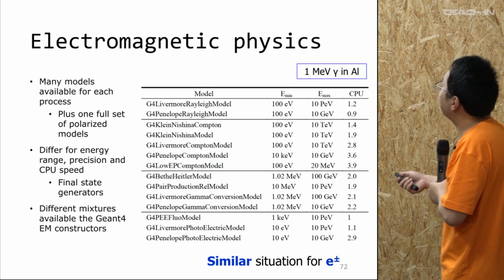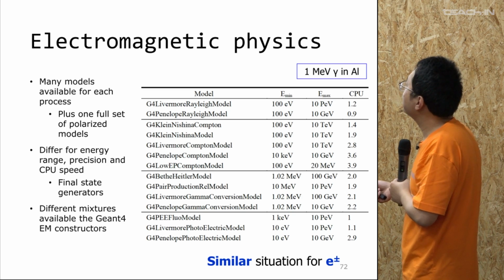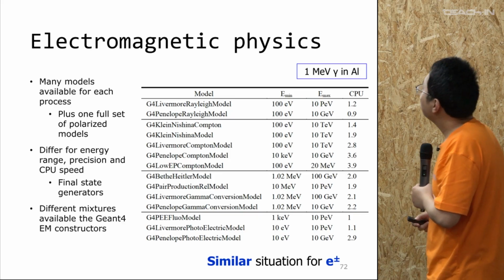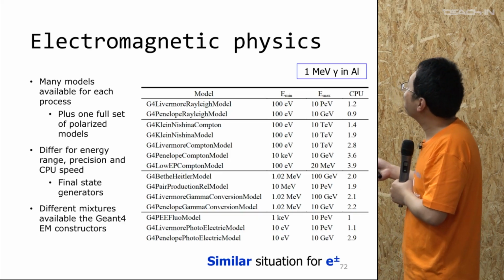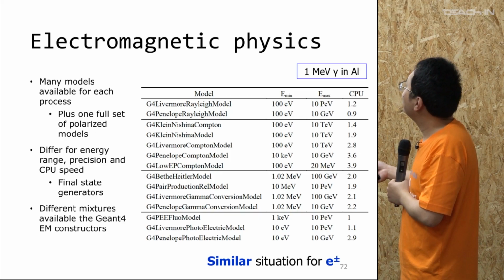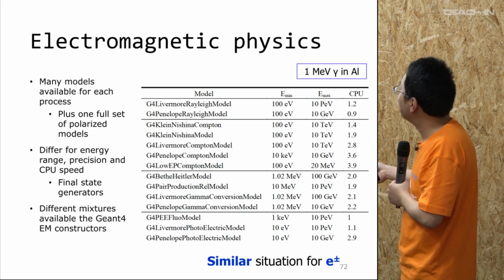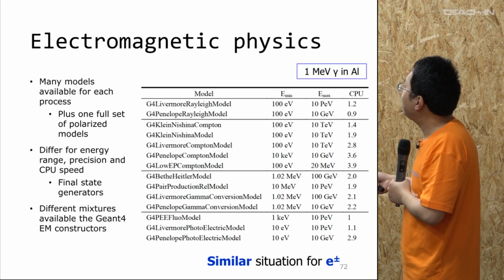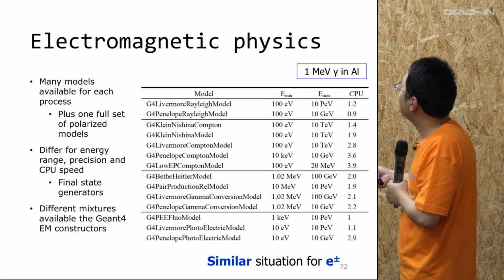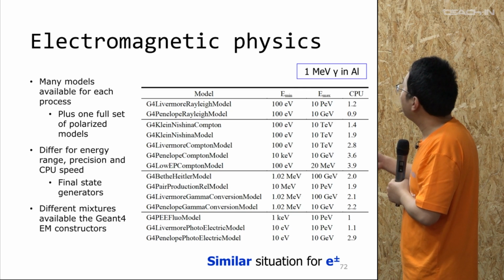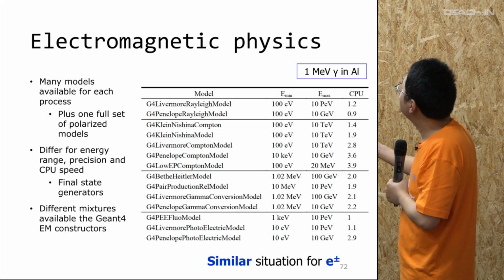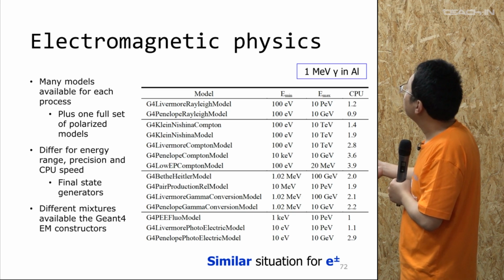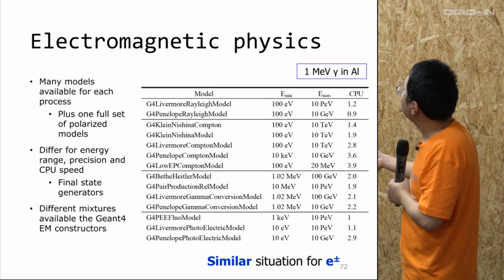Yeah. So for the electromagnetic physics, because this is actually very normal, we have to use it every time. Geant4 provides a complete list of all these models. By using this, you can see the energy region can be a bit different. For the very low energy, for example, this Livermore and this Penelope model can be used.